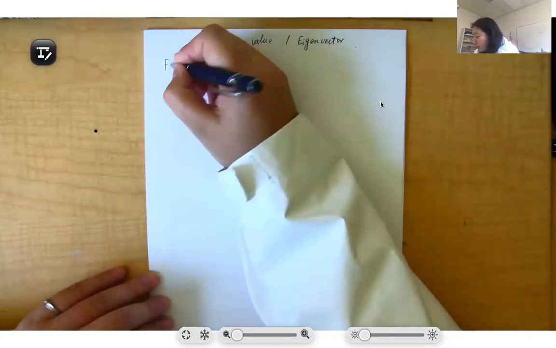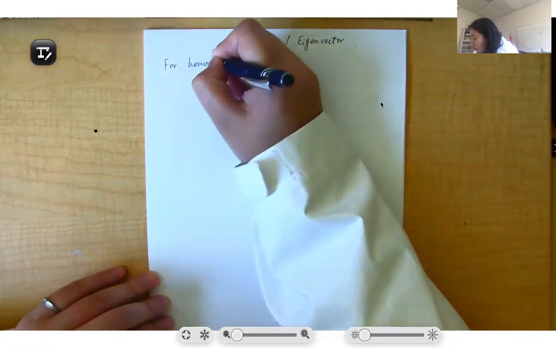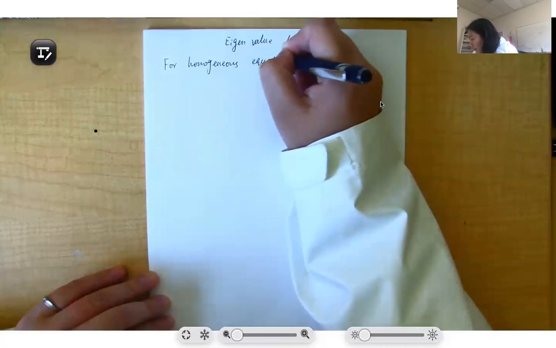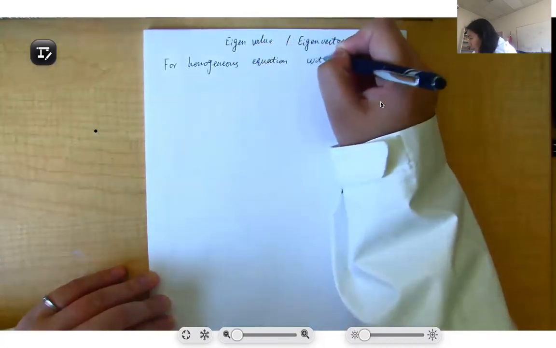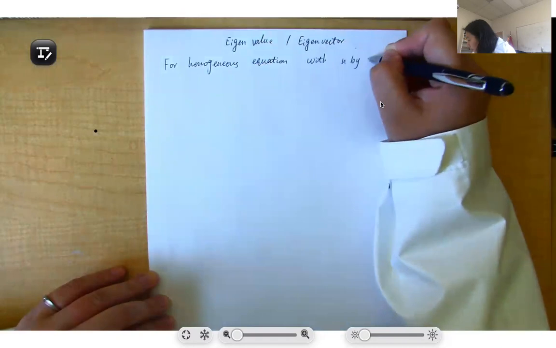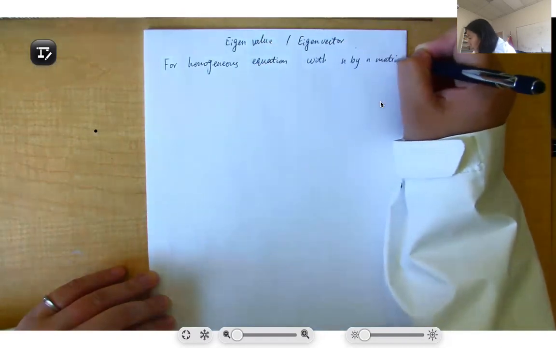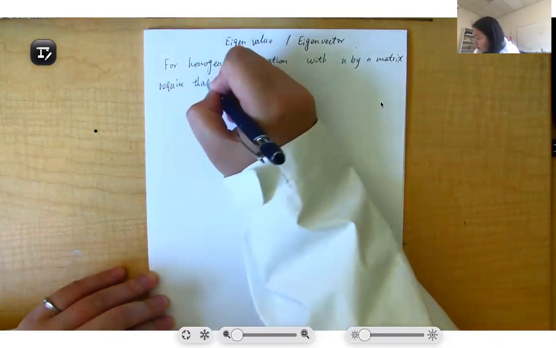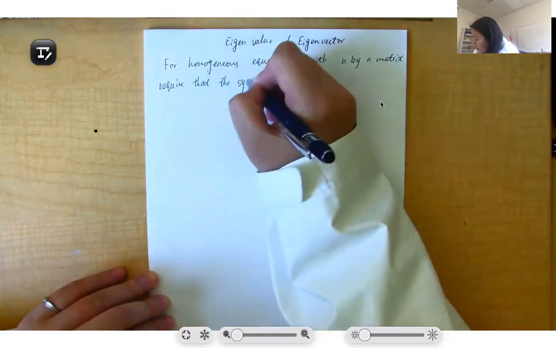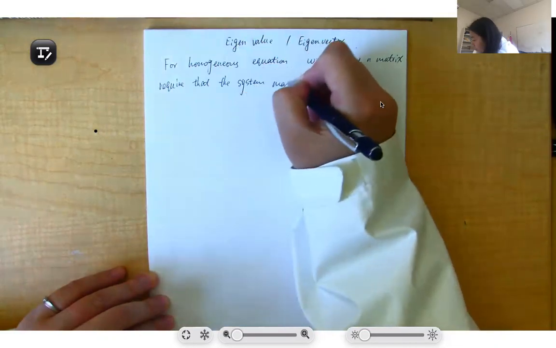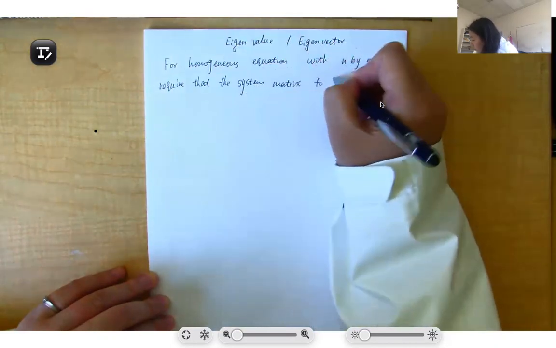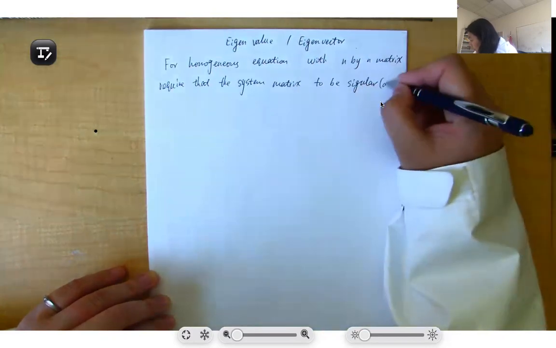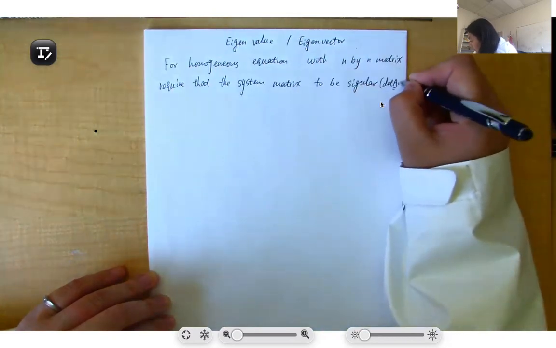So for a homogeneous equation with an n by n matrix, we require that the system matrix A be singular, which means the determinant of A is equal to 0.